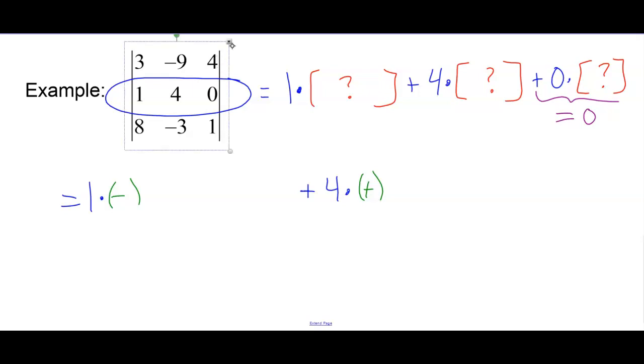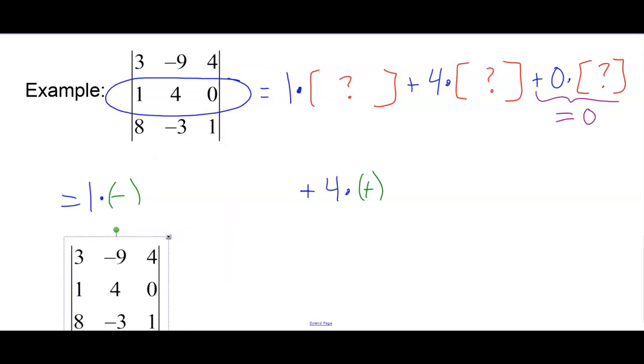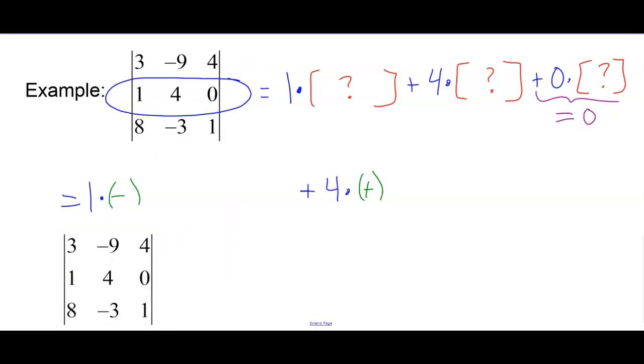So to figure out what the cofactors are, let me copy this picture and realize since we're doing the cofactor that goes with 1, we cross out that row, we cross out that column, and look at what's left. We're left with -9, 4, -3, 1.